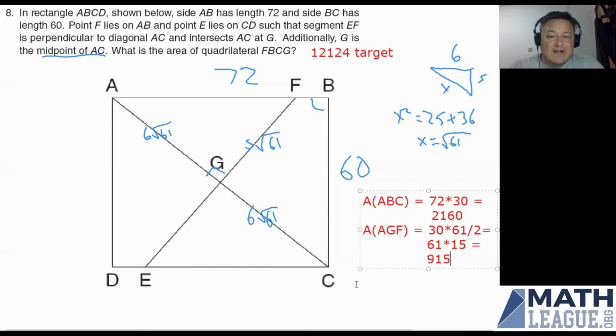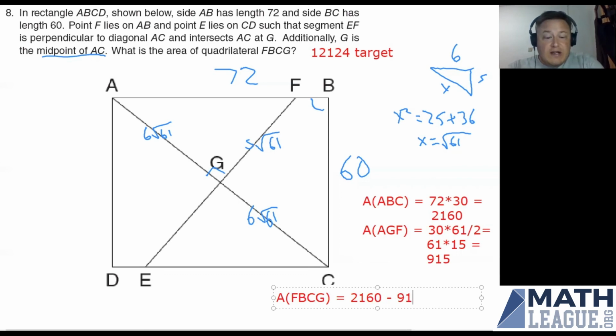In other words, the area that we're looking for, the area of quadrilateral FBCG is going to be triangle ABC, 2160, minus triangle AGF, 915. 21 minus 9 is 12, 60 minus 15 is 45, and we get an overall area of 1245. And that's how it's done.